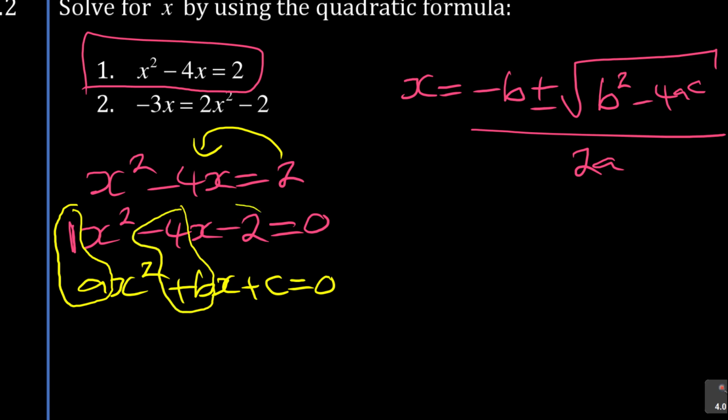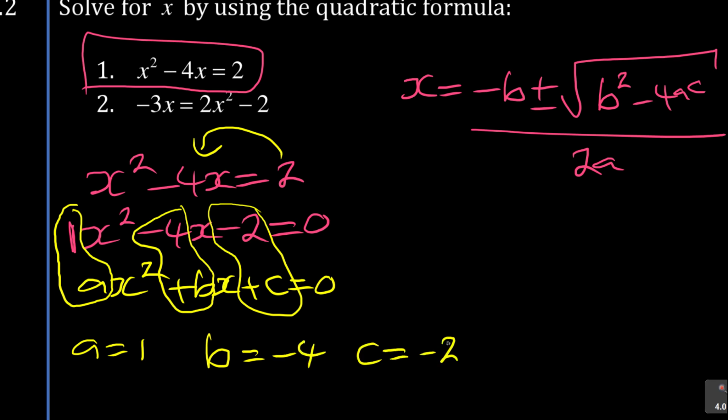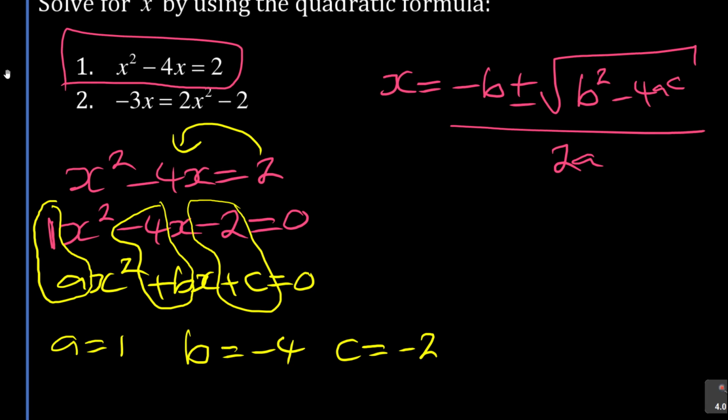And then for c, this is my c. See how I'm cutting? So a is equal to 1. B is equal to minus 4. C is equal to minus 2. That is what you're going to take in here to say now your x is equal to minus b. Look at the negative. There is always a negative for b, but there is a minus 4. Put a bracket and say minus 4.